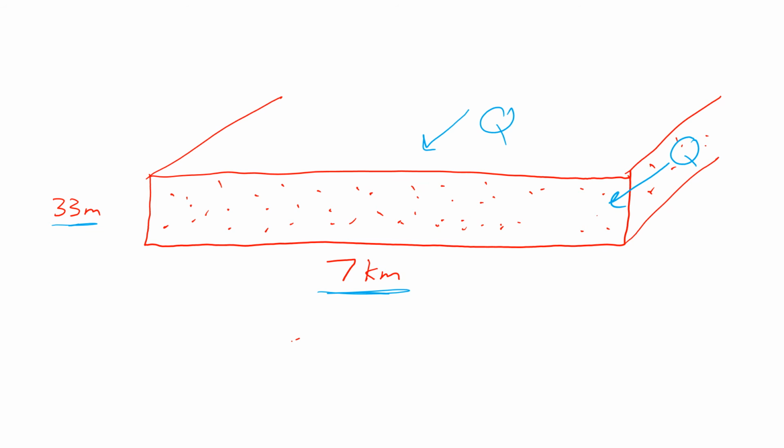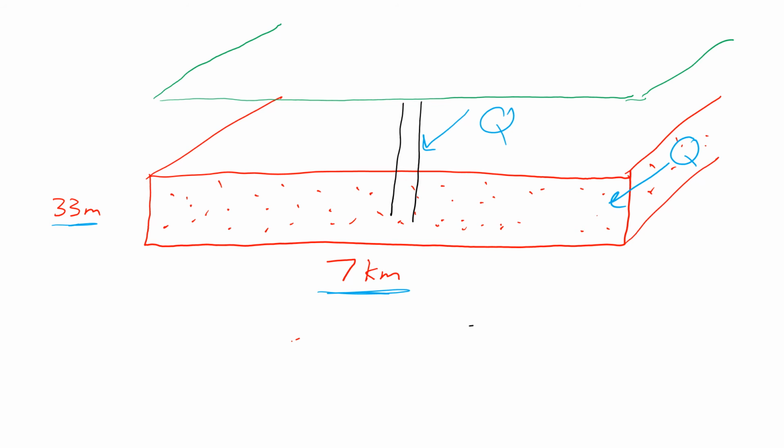Okay, so again, up above this, let's see if I can draw this. We have our ground surface. And remember, we have one well, let's say right here. And then we have another well that's going to be 1.2 kilometers away, and it's going to penetrate into the aquifer back here.